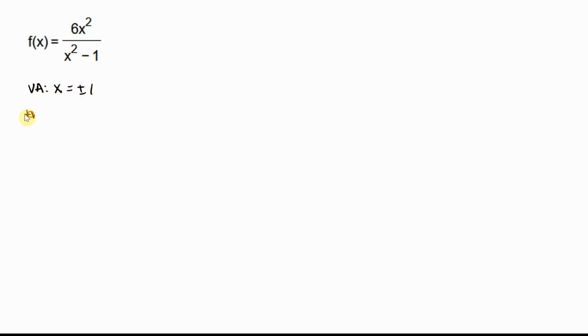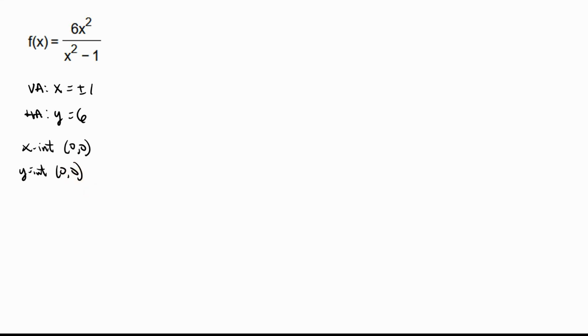The horizontal asymptote, the powers are the same, so I get y equal to 6, the ratio of the leading coefficients, 6 divided by 1. The x-intercept, you set the function equal to 0, and you end up with x equal to 0. So we get (0, 0). The x-intercept and the y-intercept are the same for this problem.